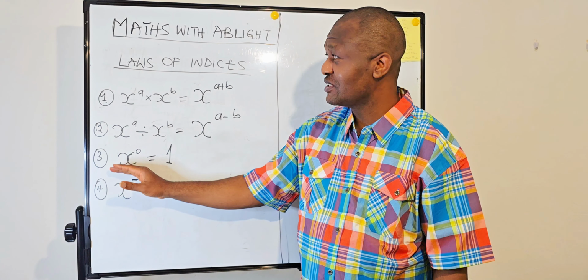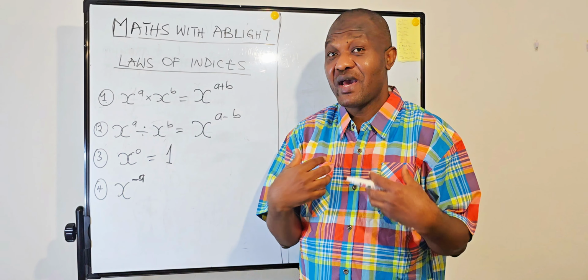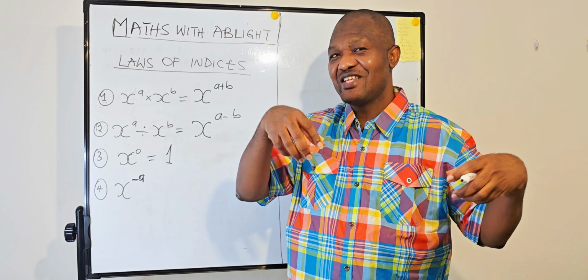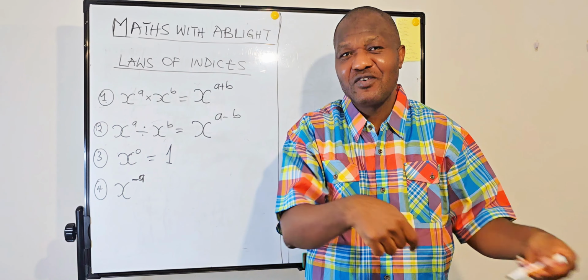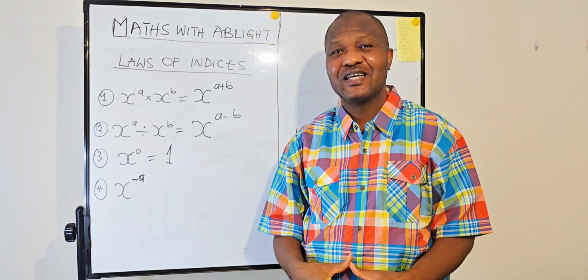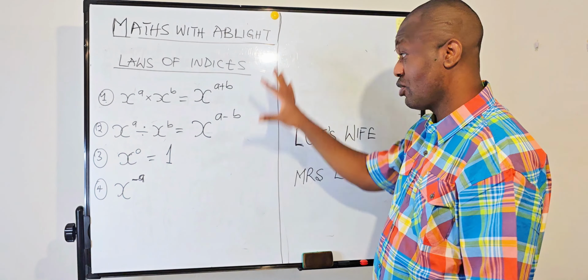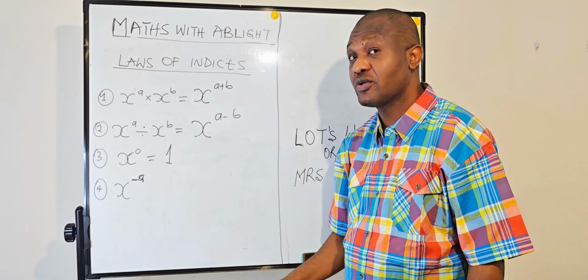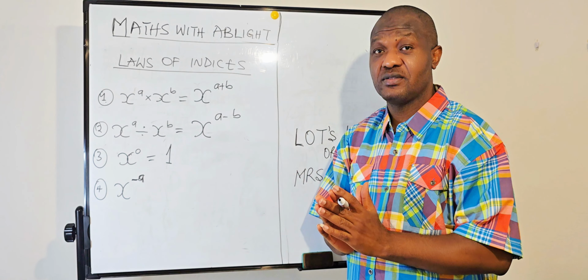So it is from these laws of indices. To me, in my opinion, this particular law of indices took its root from that place. Anything they raise to power 0 becomes 1. If I raise this board to power 0, it becomes 1 immediately. You will just become 1.